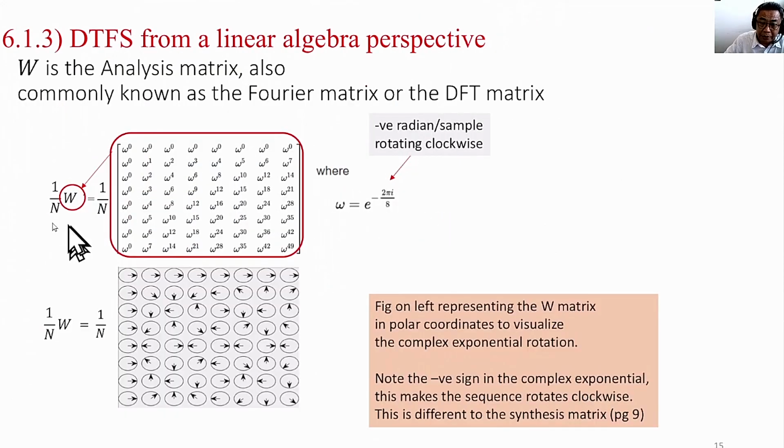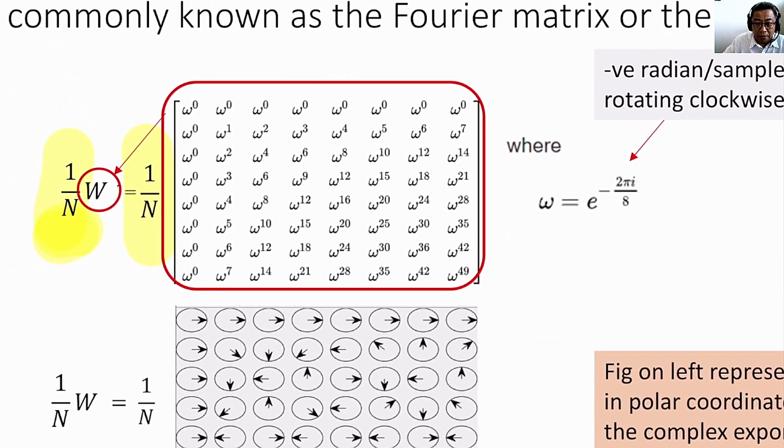We again see the picture next, where W is the DFT matrix. 1 over n comes out to scale the columns properly, so that when they multiply with W bar, 1 over n W times W bar will be the identity.